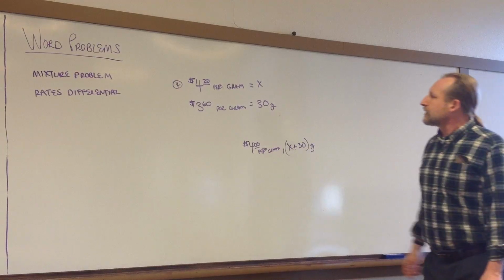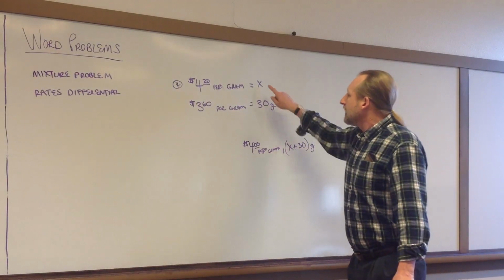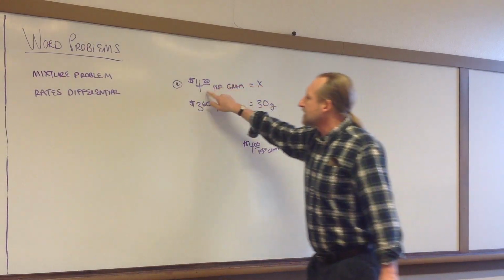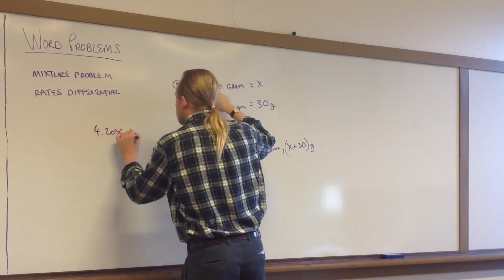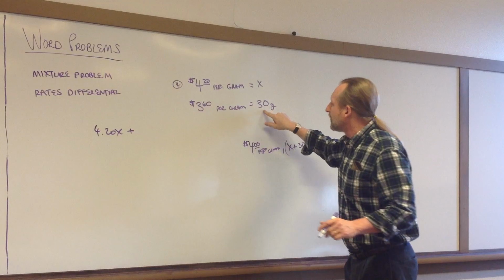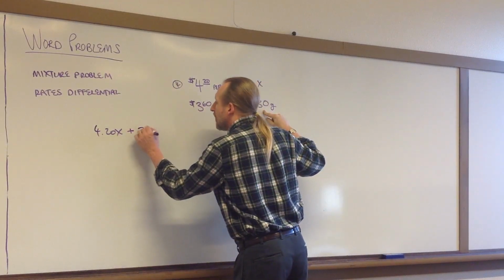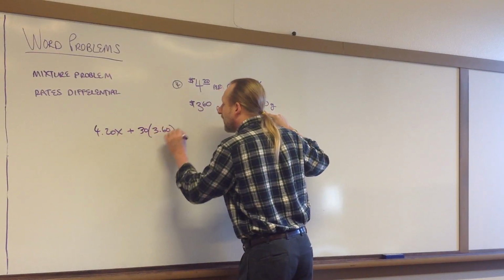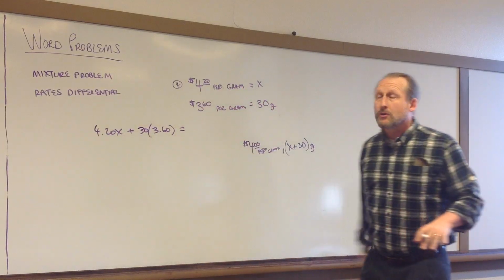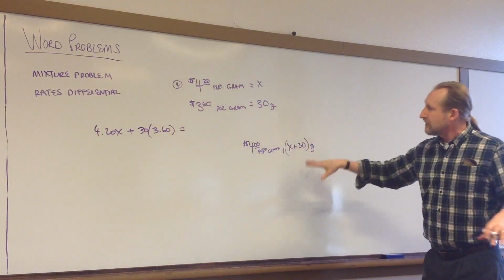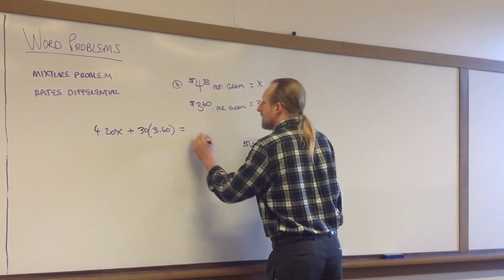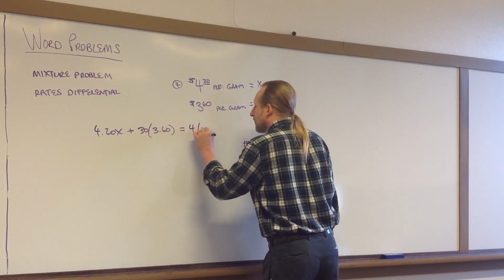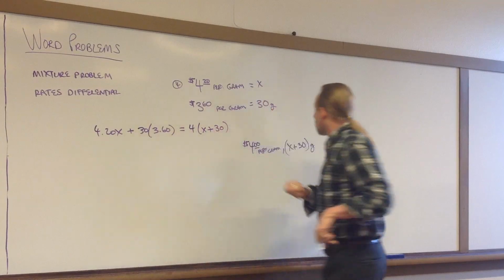So our equation, to get us started, is the number of grams of spice times the price per gram, 4.20 times X, plus the number of grams of spice times the price per gram. That's the total cost, and then here is another expression for the total cost. Number of grams of spice times the price per gram.